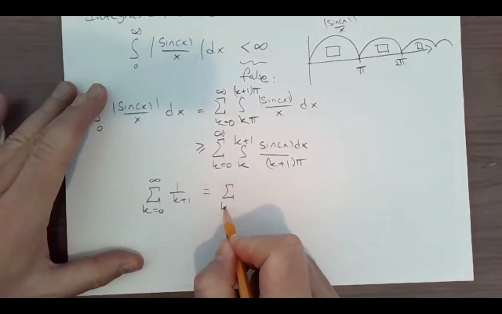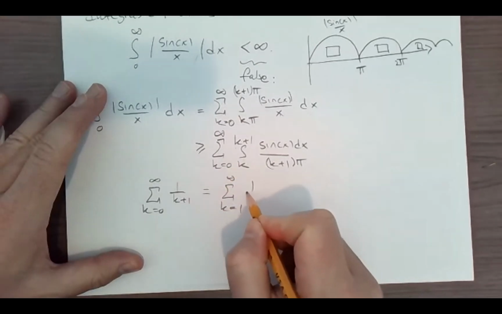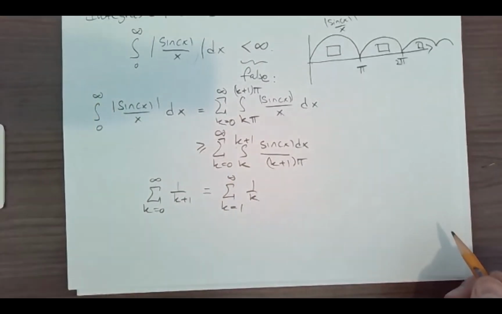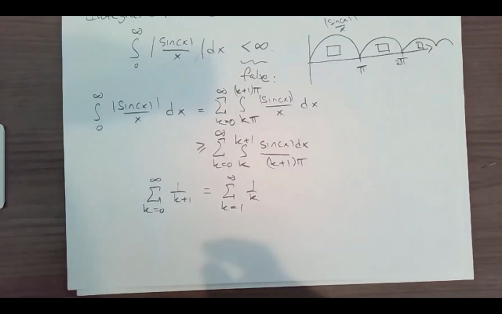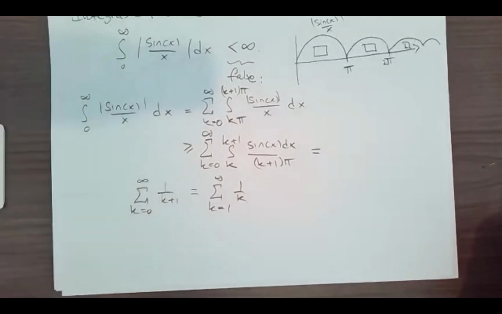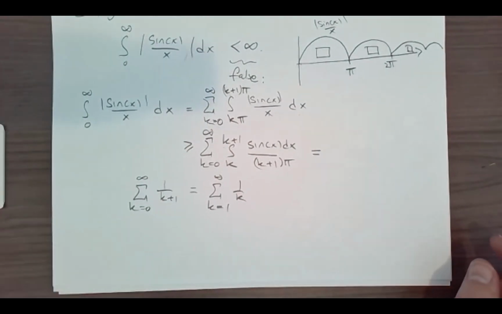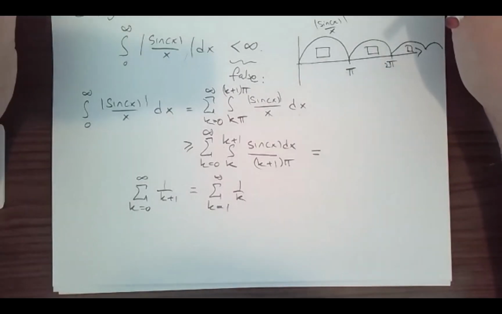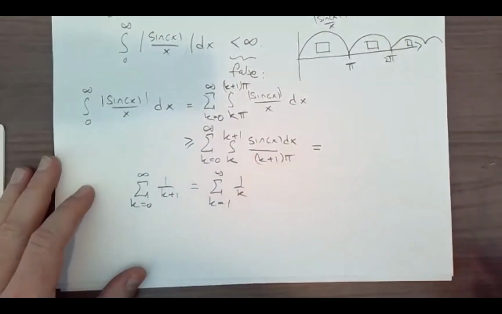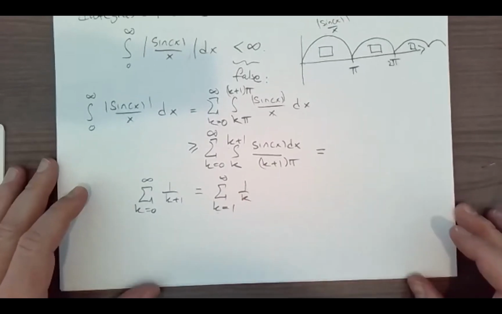Of course, this is the same as summing from 1 to infinity of 1 over k. What does that become? Does anybody know what the sum of 1 over k, summing from 1 to infinity, equals?